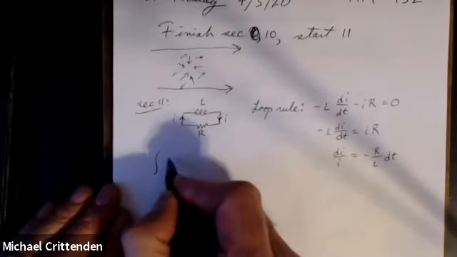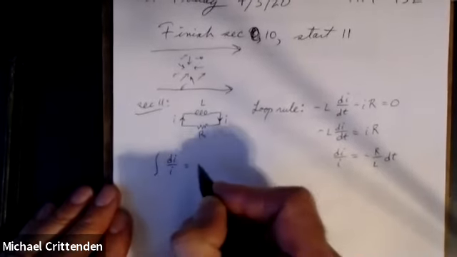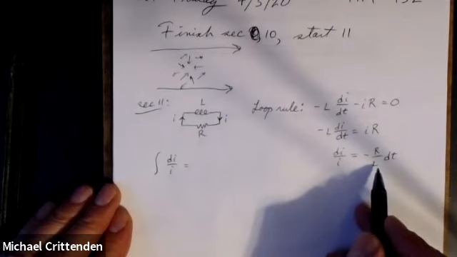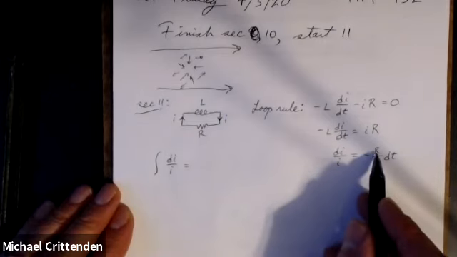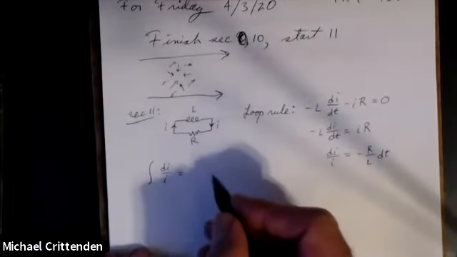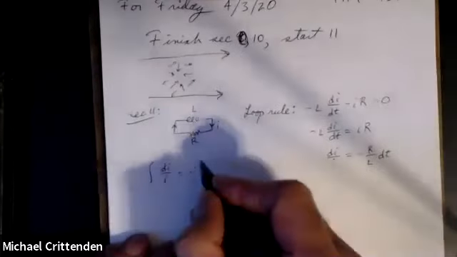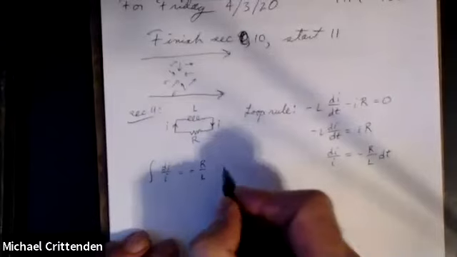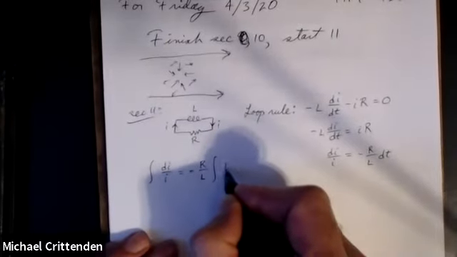So integral of di over I equals, now the resistance and the inductance, they're just numbers, like if that's a 400 ohm resistor, 400 is just a constant. And I kind of tweaked the camera there. So minus R over L integral of dt.